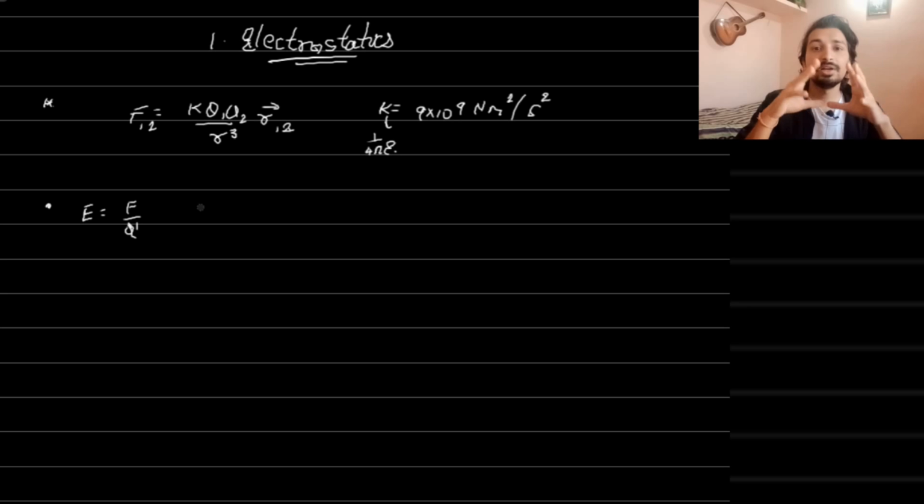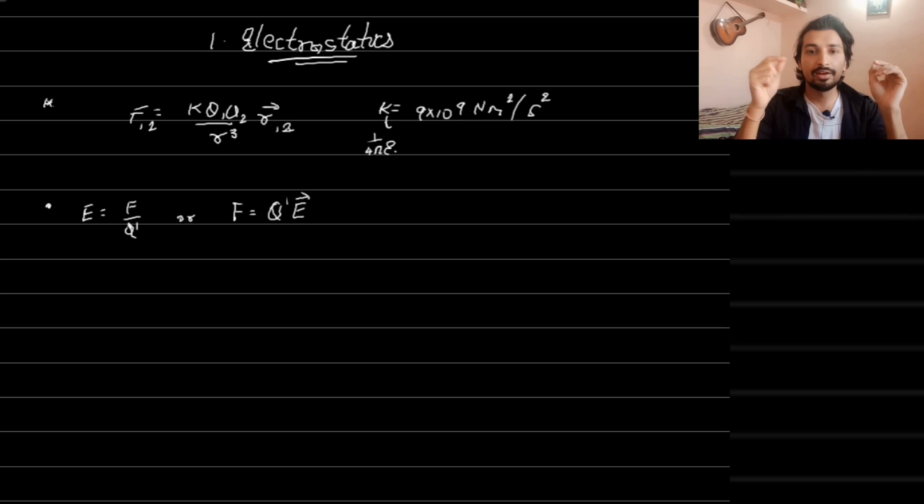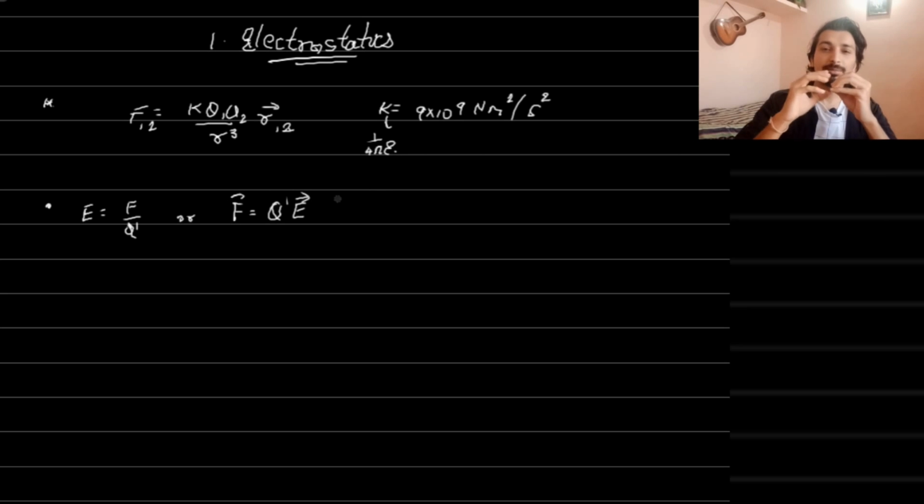Force is nothing but electric field into charge. So force is equal to QE, where Q is Q1 and the electric field is due to charge Q2. What is electric field basically? You can imagine it as an imaginary region around a charge where it will exert a force on any charged particle.